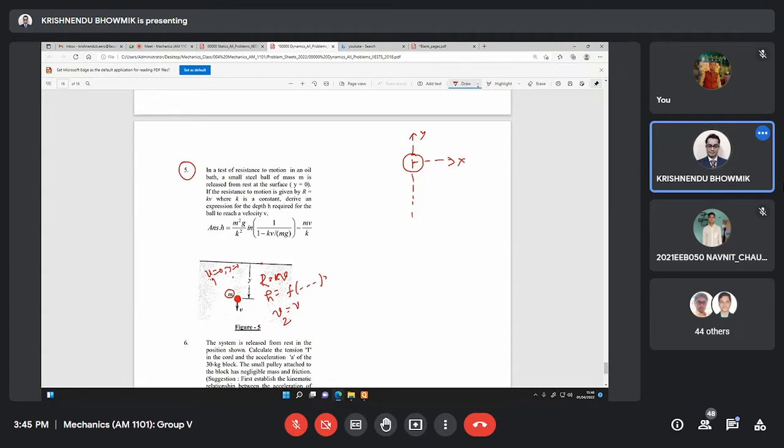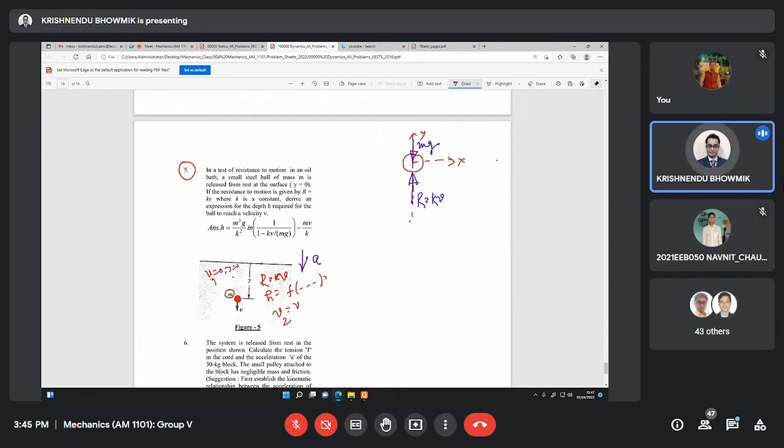Here its self weight mg is acting like this, and the resistance R equal to kv, k is a constant, v is the velocity. As it has started at y equal to 0, we can expect movement in this direction.